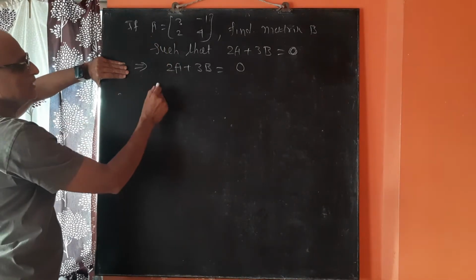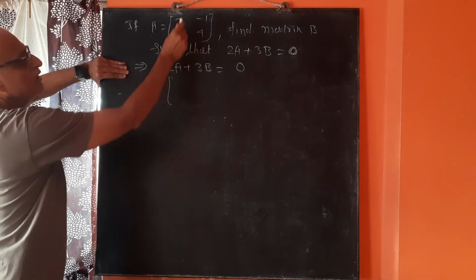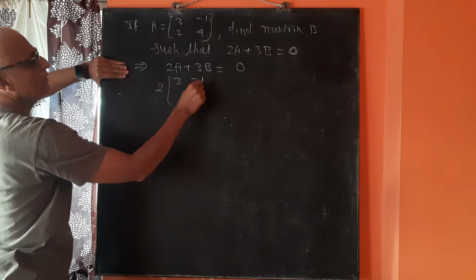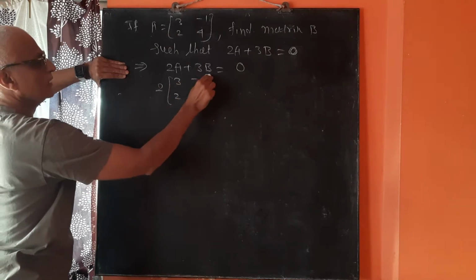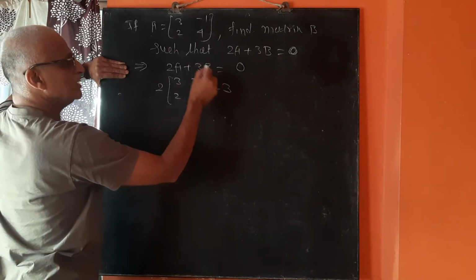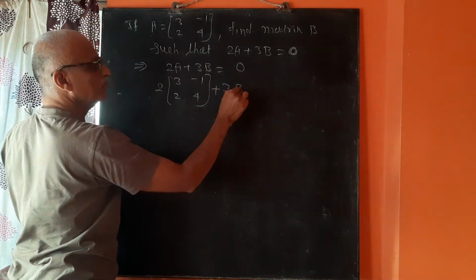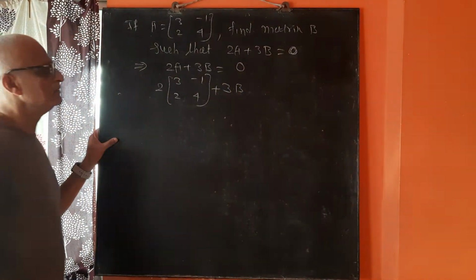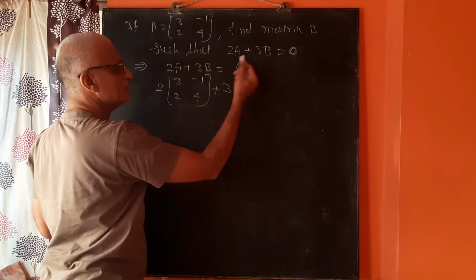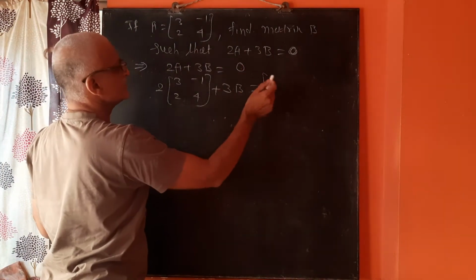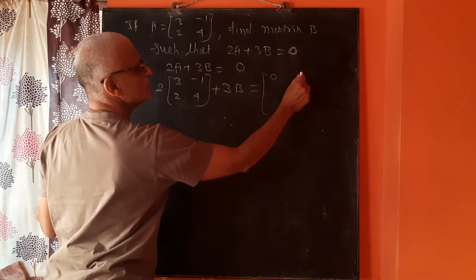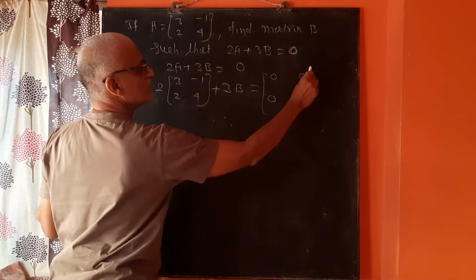Put the values. We get 2 into A, the value of A is 3, minus 1, 2, 4, plus 3 into B. The matrix B we have to get. So B remains as it is, equals 0 matrix, that will be 0, 0, 0, 0.